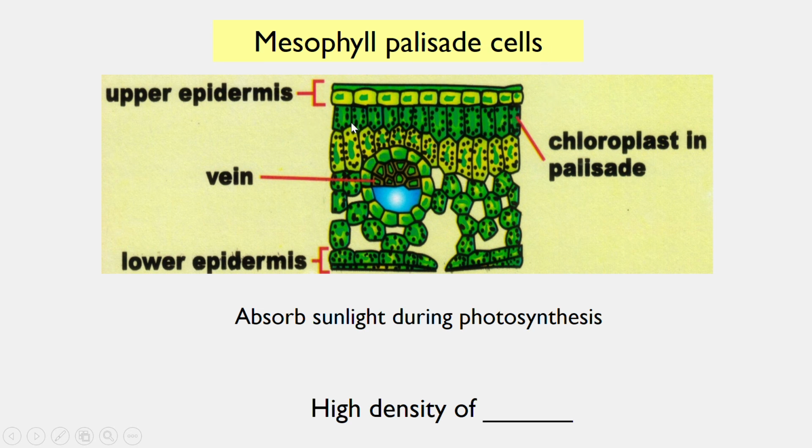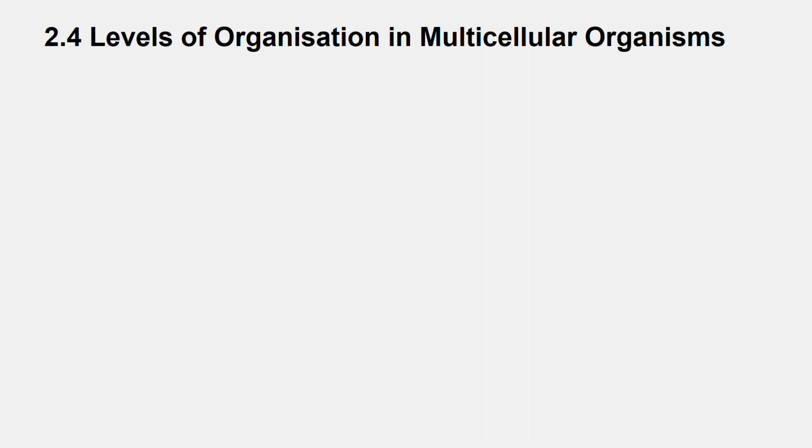This is palisade mesophyll cell. These are the spongy mesophyll cells, loosely arranged. This one closely packed. Absorb the maximum amount of light energy during photosynthesis. High density of chloroplasts. Okay.